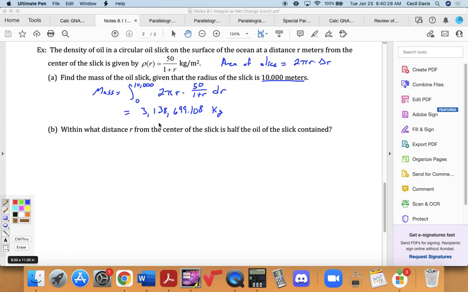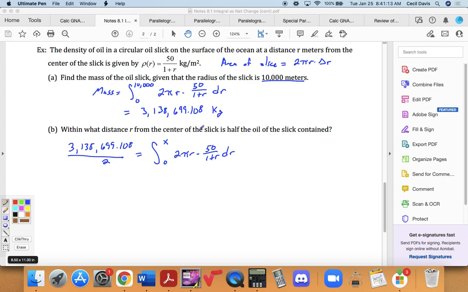So if we take half of this, 3,138,699.108 divided by 2 should be equal to the integral from 0 to some distance that I don't know, I'll call it x, of 2 pi r times 50 over 1 plus r dr. And I want to try and solve that for x.